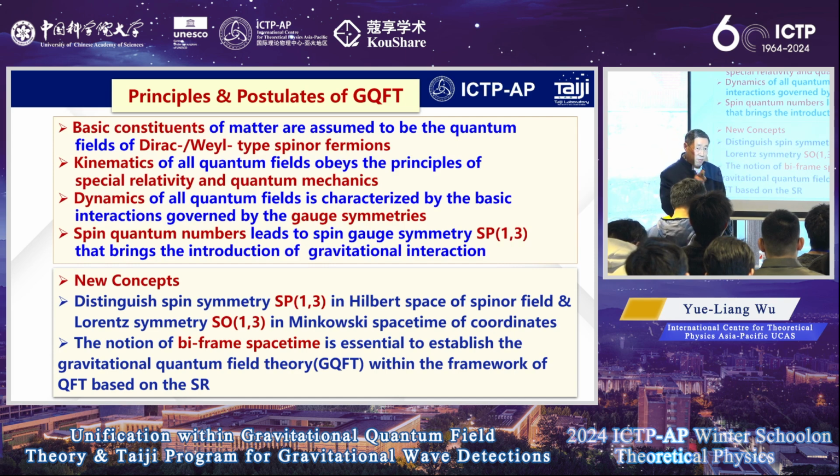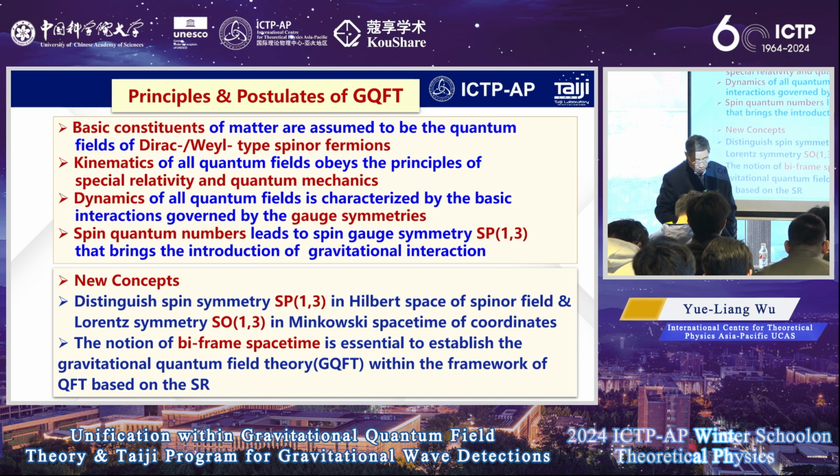For that, we have to introduce some new concepts. When you distinguish the spin symmetry in the Hilbert space of the spinor field and the Lorentz symmetry in the Minkowski spacetime, we take this spin symmetry as gauge symmetry. Then we have to introduce the idea called the biform spacetime. That means the coordinate spacetime is the base spacetime, and the spin-related spacetime we call a kind of intrinsic spacetime, and this spacetime is locally flat, while the other is globally flat.